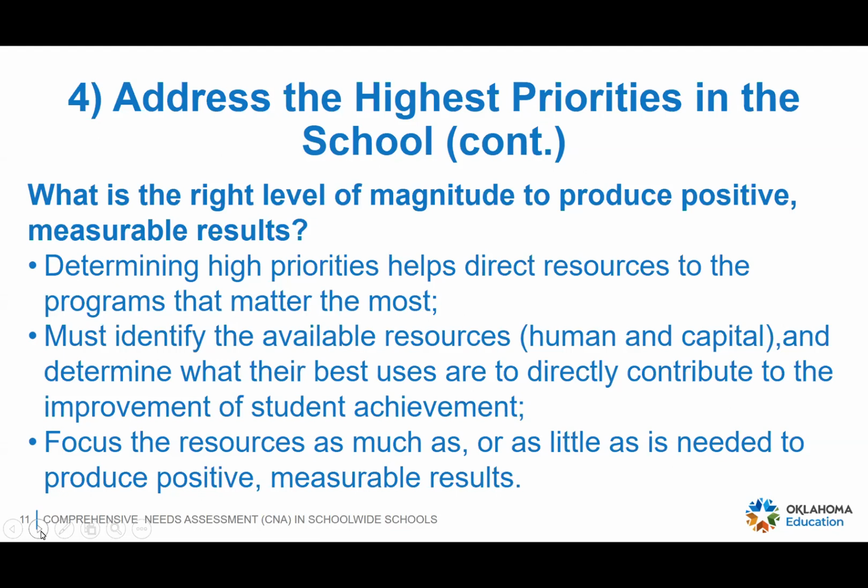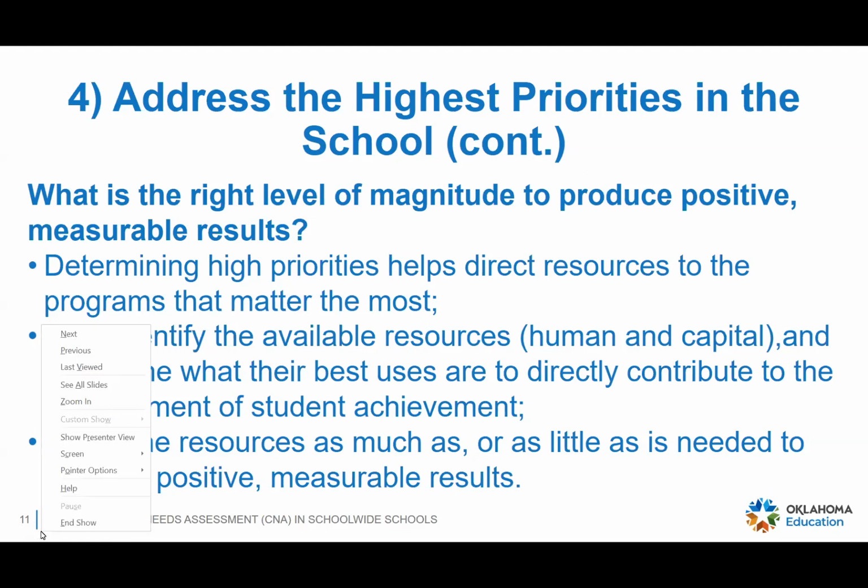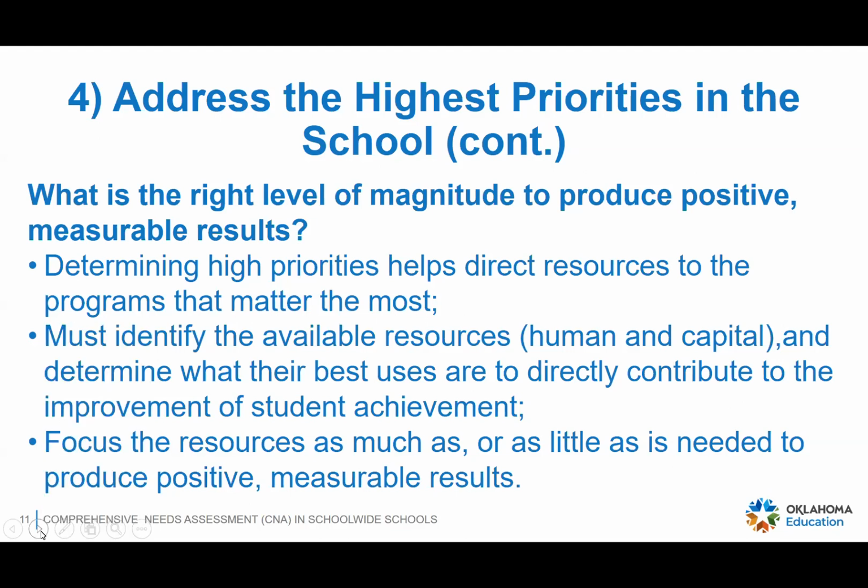Then focus the resources as much as or as little as is needed to produce positive, measurable results. You'll have to find the balance between the results intended and the resources available.